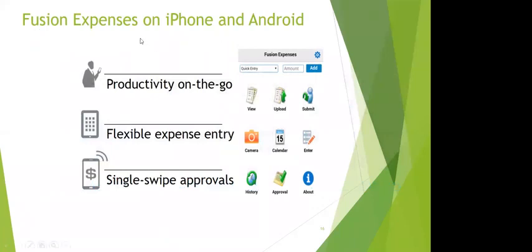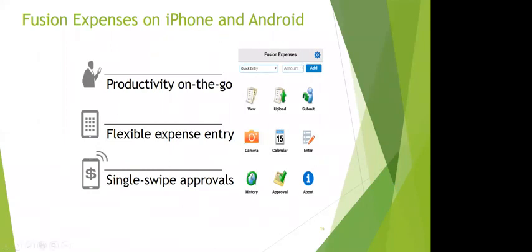So this is Fusion Expenses on iPhone. The Fusion Expense application on iPhone and Android that Oracle has given, where you can view the expense reports, upload the receipts, submit the expense reports, and approve the expense reports. Or if you want to enter manually, you can enter, and if you want to take receipt screenshots to upload, you can take them.